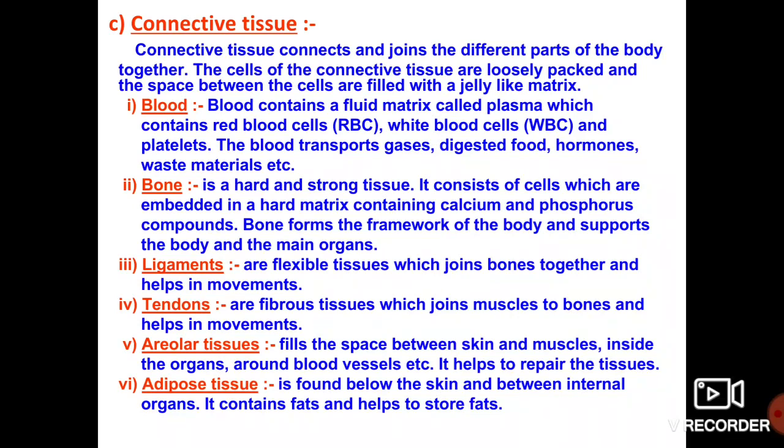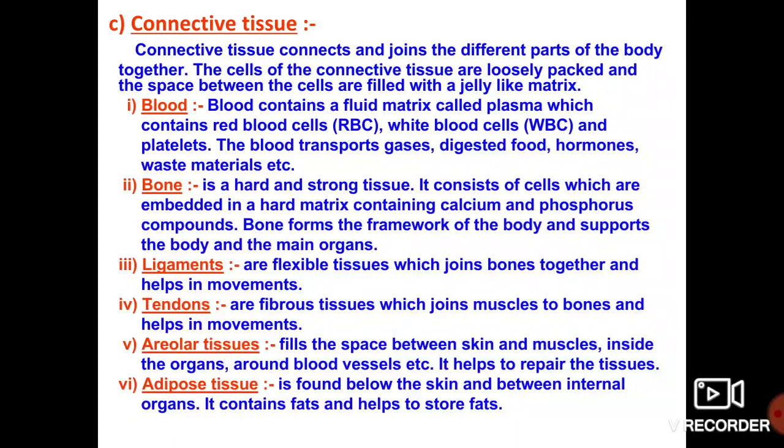So what is the main function of the plasma? It is a fluid substance present in the blood. RBC transports the oxygenated blood to each and every part of the body. White blood cells, that is WBC, play a major role in fighting against diseases. Then the fourth one is platelets, which play a major role in clotting of blood.